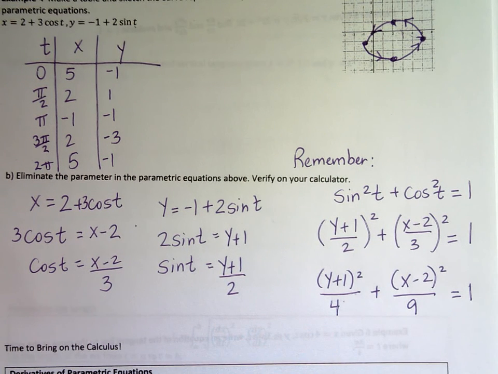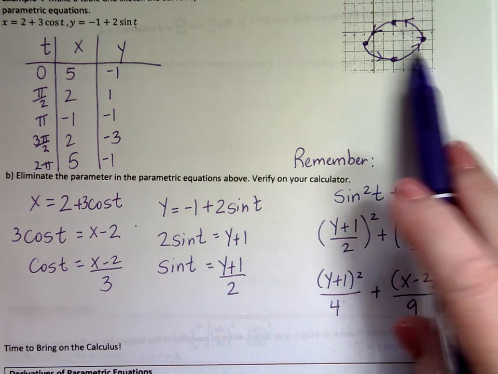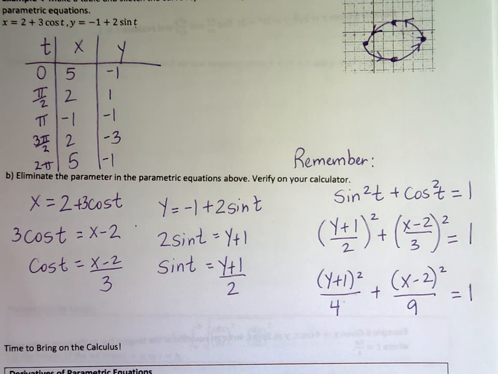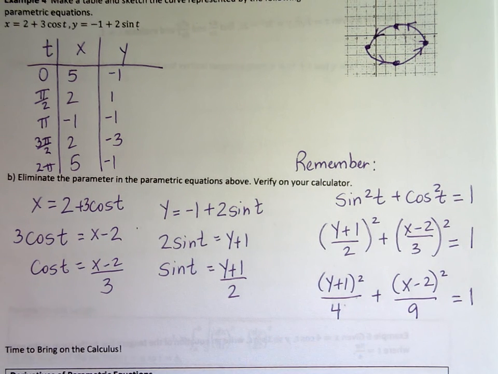Sometimes this is the more popular one because it goes with conic sections, which is what this is really a picture of, an ellipse. So from this equation, you can tell where the center is and all that kind of stuff that we're not going to talk about, but that's the equation. So sines and cosines revert back to the Pythagorean theorem, and that'll be helpful to you.